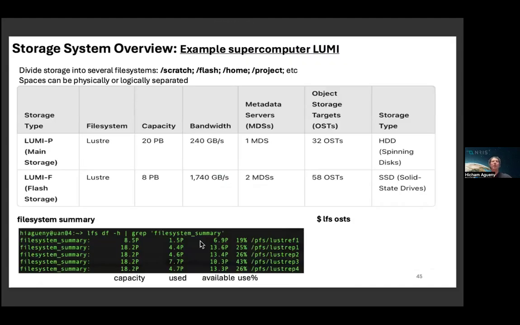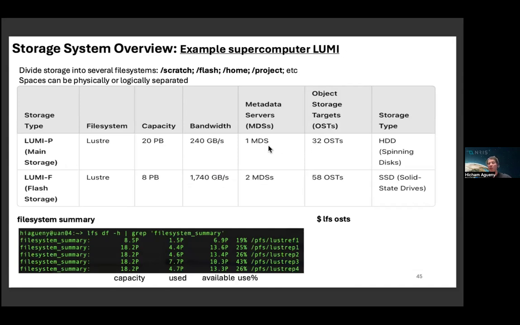Since we talk about Lustre, I want to give an example of the storage system on LUMI, which uses Lustre. The storage system consists of two partitions. The main partition has a capacity of 20 petabytes with a theoretical bandwidth of 240 gigabytes per second.